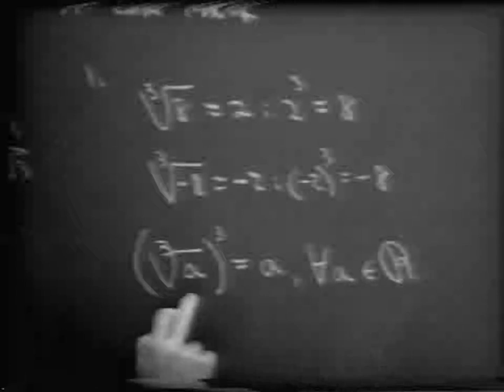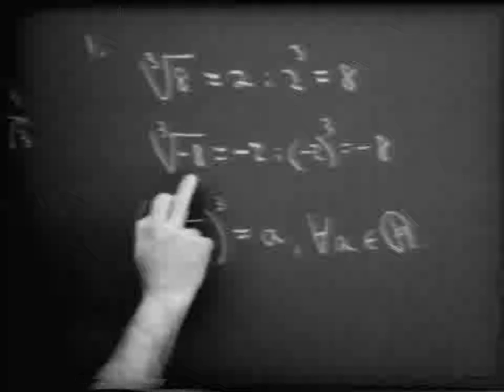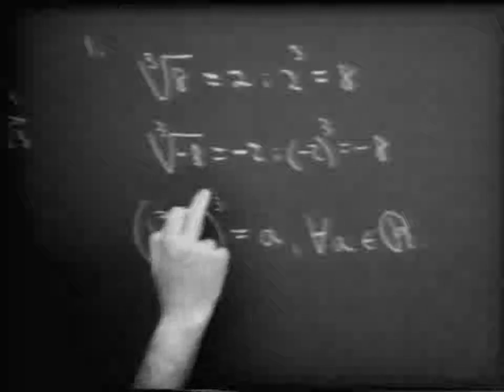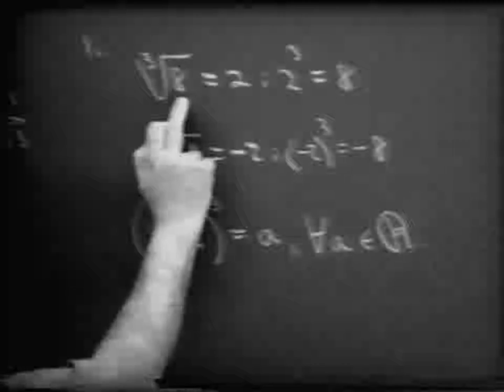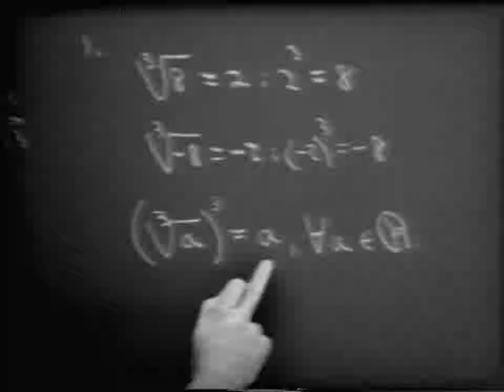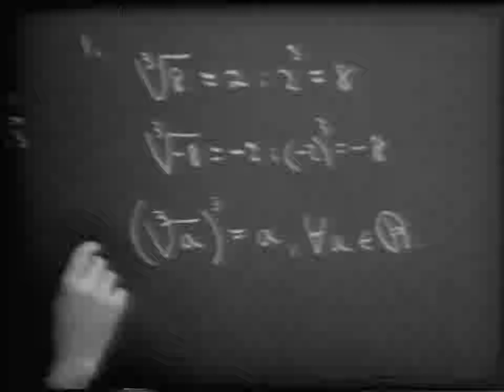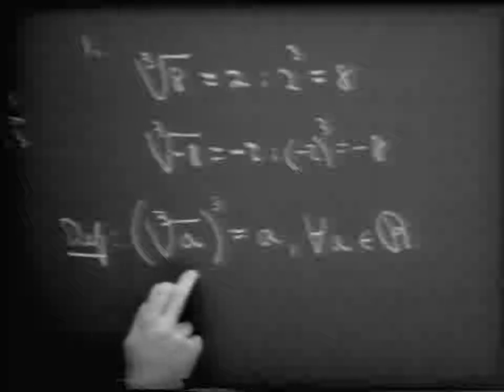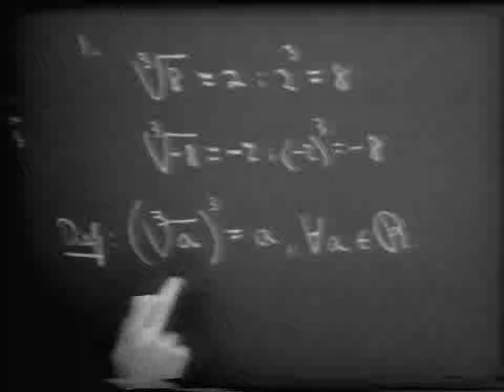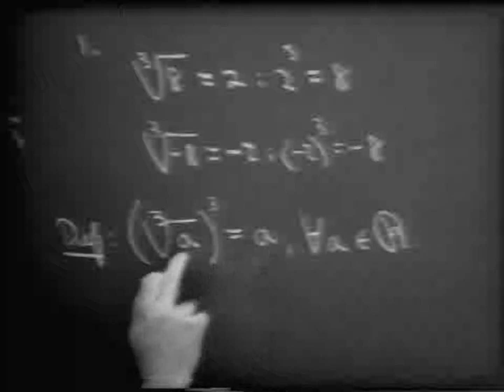All right, suppose A happens to be negative. So it's equal to whatever this number A is. And if A is positive, as we have it here, it's still equal to the number A. So in fact, this is what we mean by the definition. This is our definition of the cube root of some number A. It's that number which when cubed is A itself.